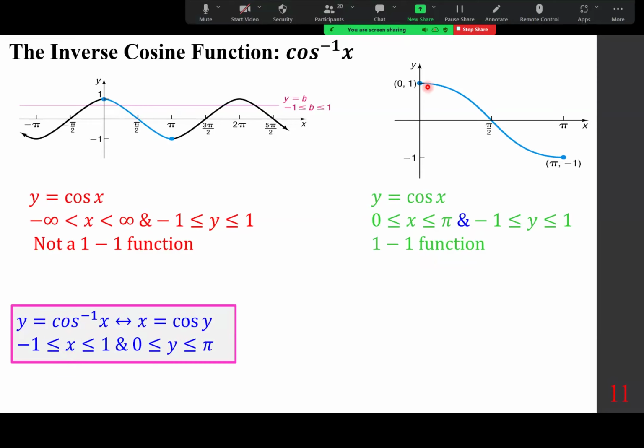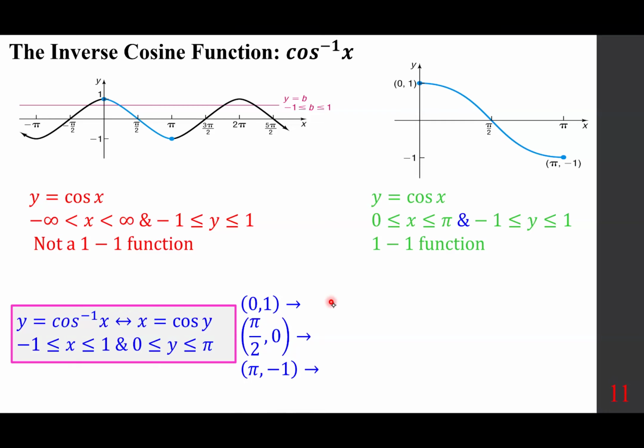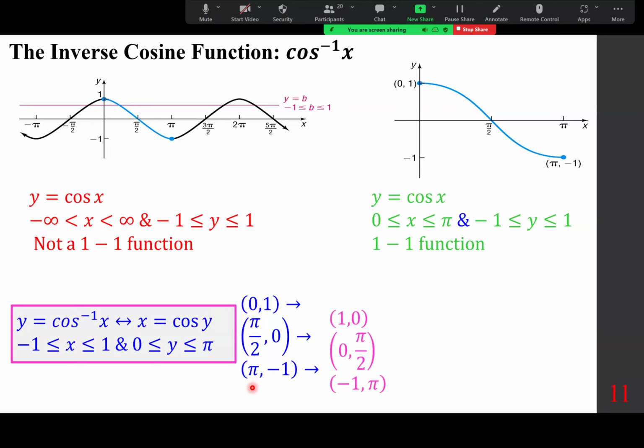And so if we look at those easy points, 0, 1; pi over 2, 0; pi, negative 1, we're going to interchange x and y, everybody. One, 0; 0, pi over 2; negative 1, pi.